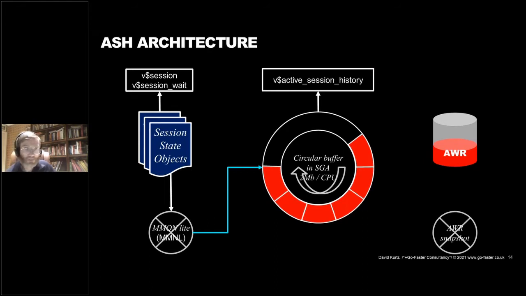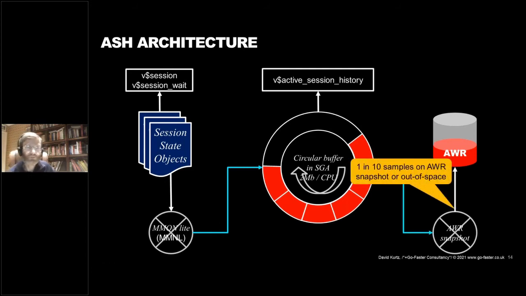The AWR snapshot process, which we're probably all quite familiar with anyway, amongst other things, pulls 1 in 10 samples. So a sample in this case is the set of samples that happens at each point in time. So every 10th sample, which is every 10 seconds apart, will be pulled from this buffer and written to the AWR repository during an AWR snapshot, or if this buffer fills up, you'll get an emergency flush to the AWR repository.